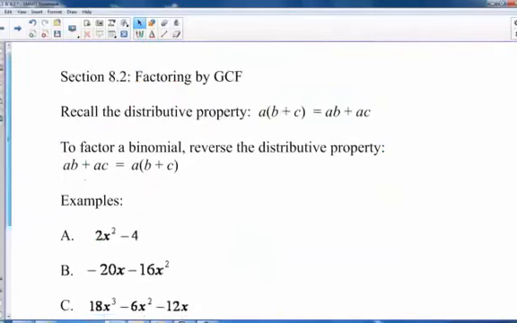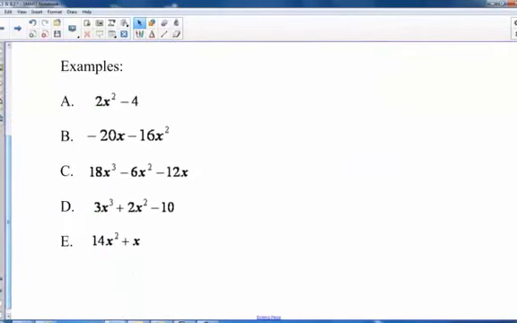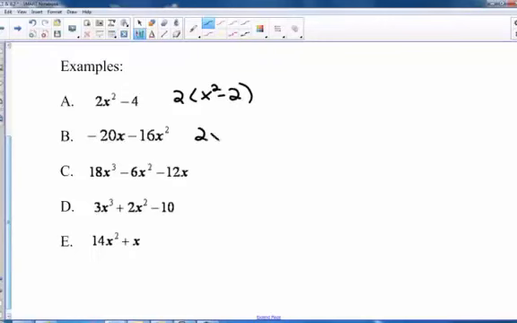Alright, so let's go ahead and factor these binomials out with the greatest common factor. In letter A, I can take a 2 out of both. So 2 times x squared minus 2. And we're done. In letter B, I can take an x out, and then I could take a 2 out. Let's just take a 2x. So you have negative 10 minus 8x.